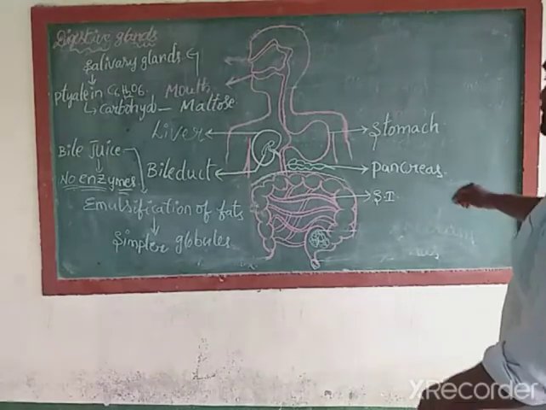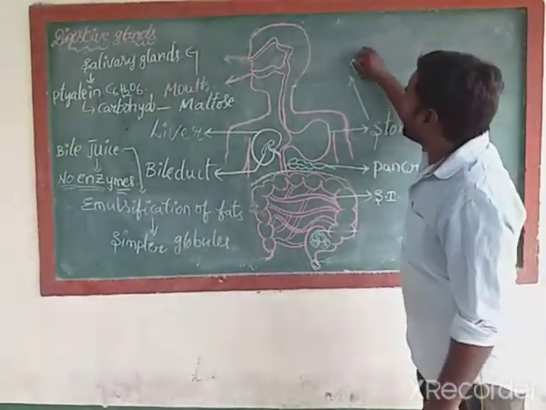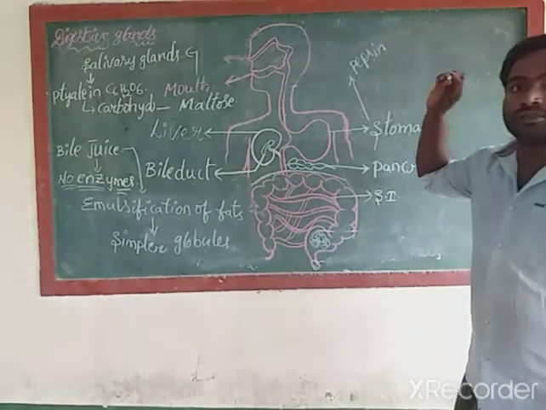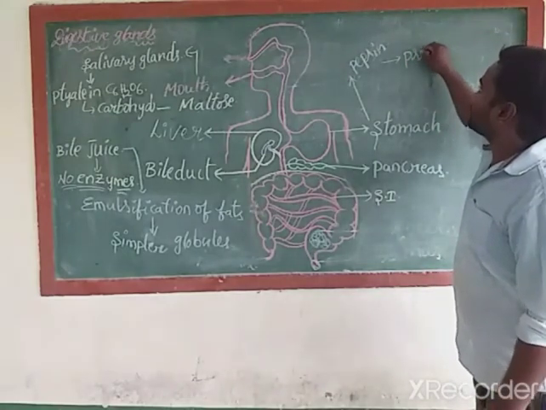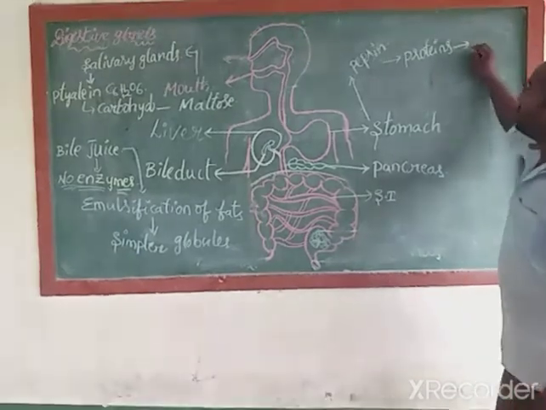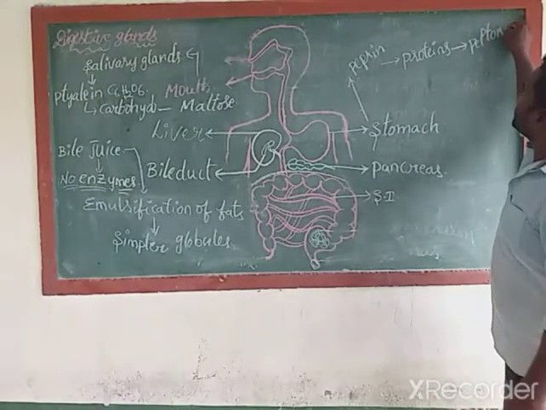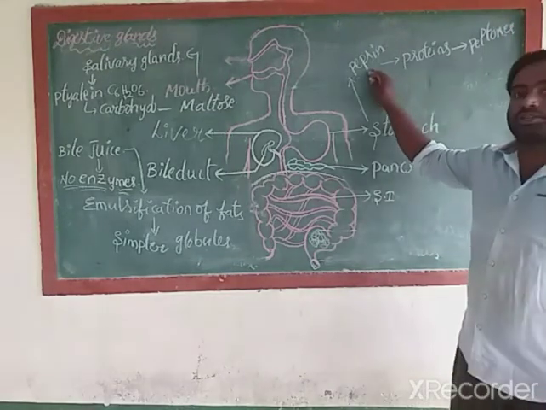Next we need to discuss the stomach. This stomach secretes pepsin. This pepsin acts on proteins, which are converted into peptones. Our stomach secretes pepsin.